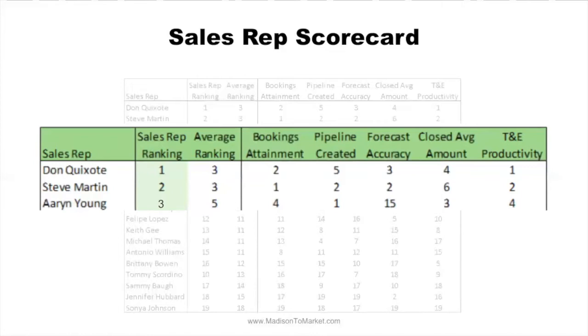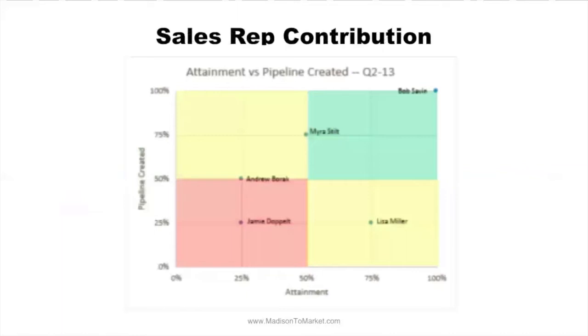So if we go to the next slide, this is another valuable tool to monitor progress of reps across a team. This graph evaluates reps according to their two primary areas of contribution. Along the bottom, the x-axis is attainment, which is what you've actually closed, your sales won.